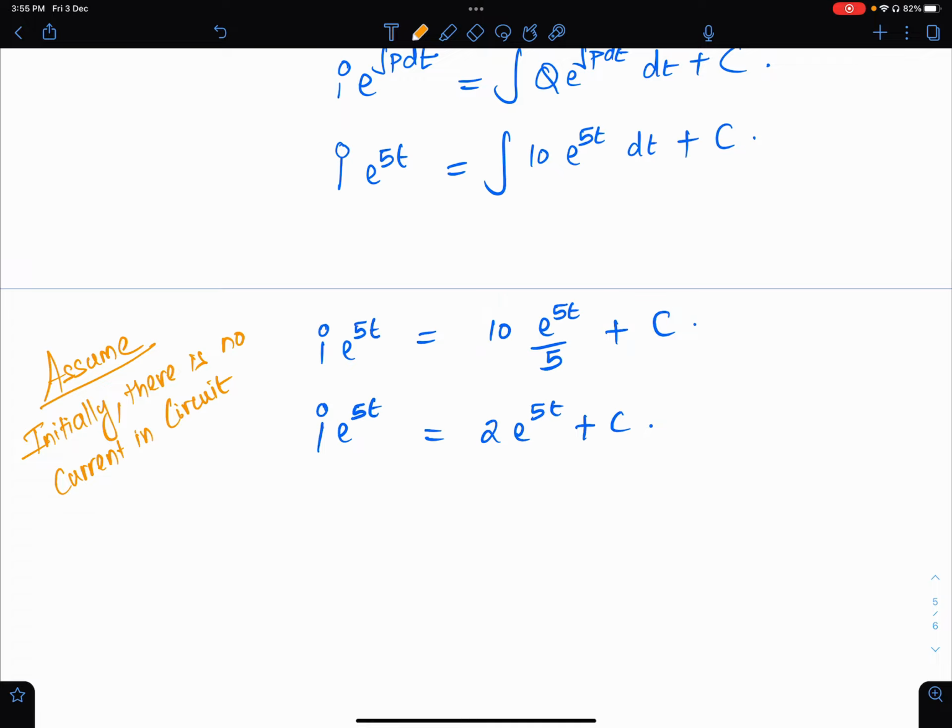What do you mean by that? I of 0, the current when time is 0, is equal to 0. There is no current in the circuit initially.